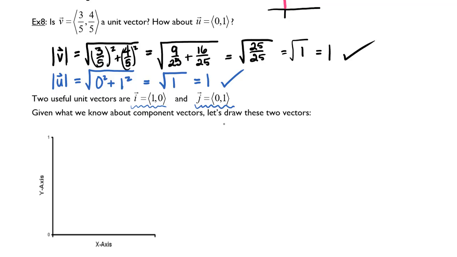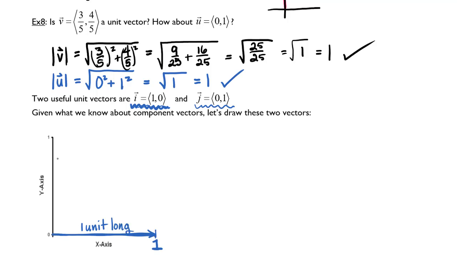Given what we know about component vectors, let's draw these two vectors out. We'll call the i vector the blue vector in my case, and i is all along the horizontal axis. If we say that this end point along the x-axis is 1, this is a vector with no rise, it's all run, and it's 1 unit long in the horizontal direction.